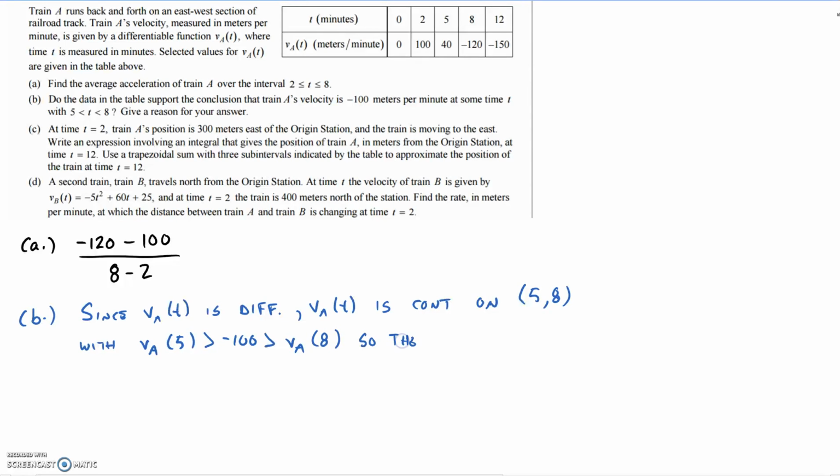So there is a t in the interval from 5 to 8 where V sub A of t equals negative 100, which is the velocity value that we're interested in, by IVT.